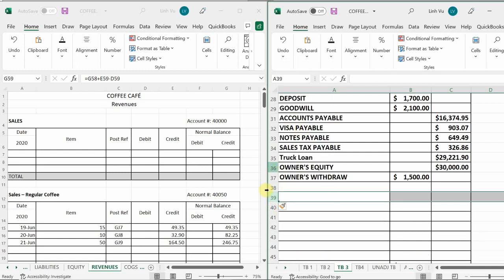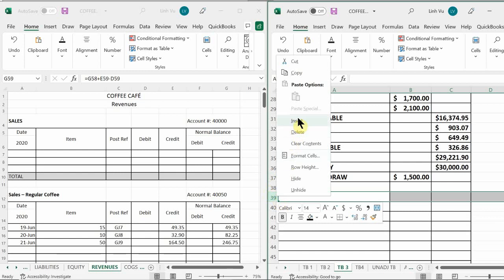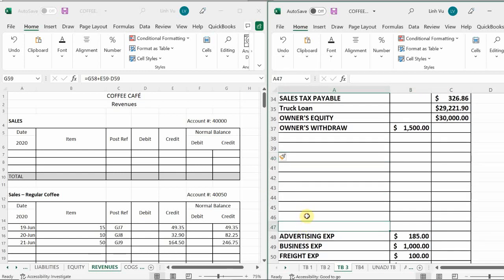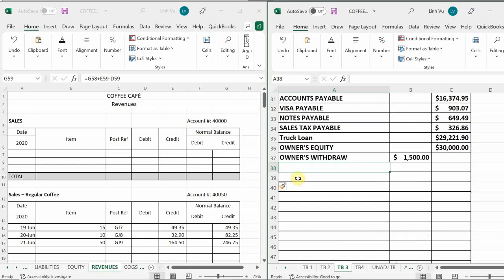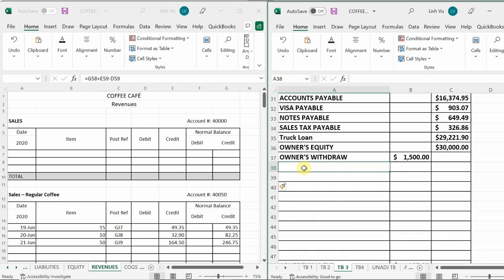I had sales returns and a sales discount, and I have delivery income. So I put in about 10 accounts here. Starting right under owner's withdrawal, we're starting off our revenues.